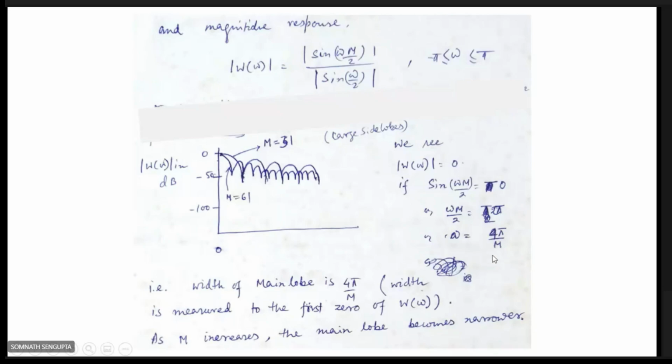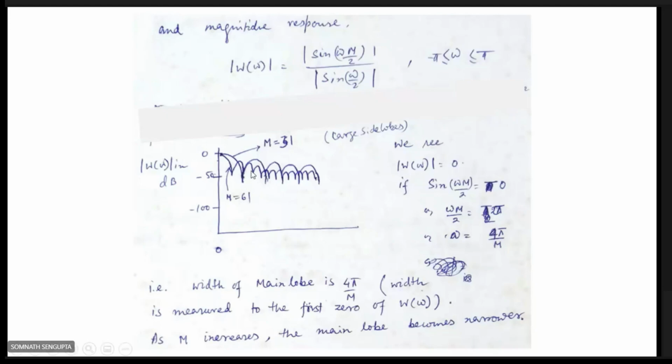By a suitable example, we can see that when sin(omega M by 2) is equal to 0, the main lobe crosses zero, that is, the main lobe becomes 0.